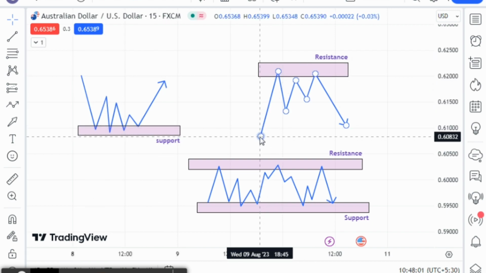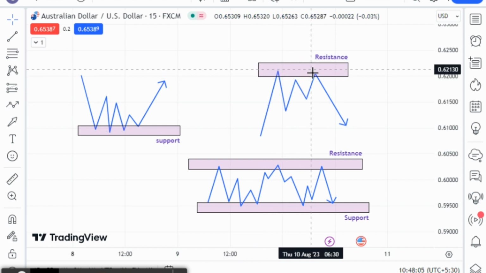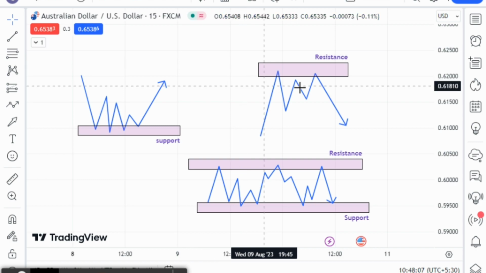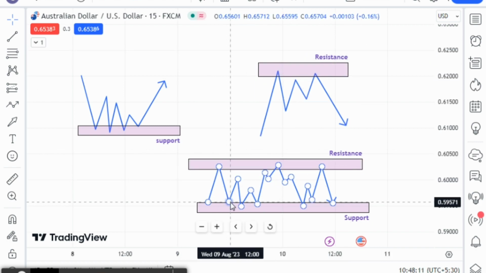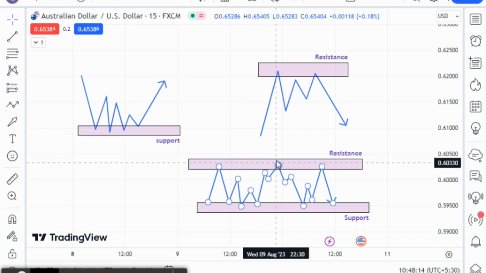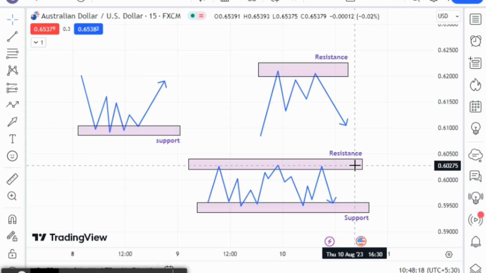And vice versa, when price is moving upside and in some area the price gets rejected, that area is called resistance. You can see in the third scenario that this is resistance and this is support. The prices come and move in reverse from support and resistance.